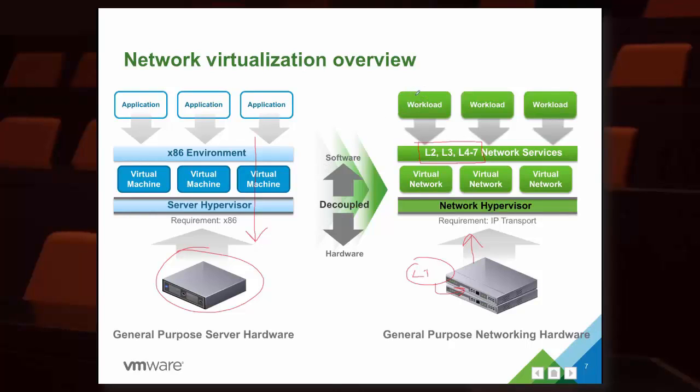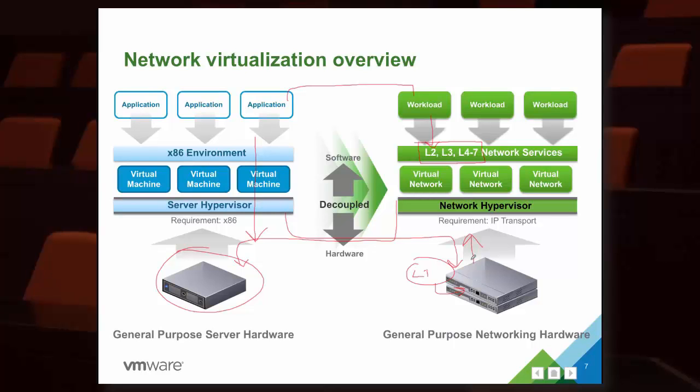So the workloads that are driving those applications now have access to virtualized network resources. And the best part is we're able to virtualize all of this network on top of the server hardware that we already have. So we're not talking about making any additional investments. We're leveraging what's already there and making it more effective.